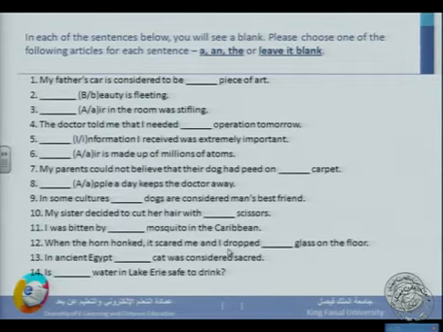Please choose one of the following articles for each sentence: a, an, the, أو you can leave it blank, يعني zero article. For example, my father's car is considered to be a piece of art.